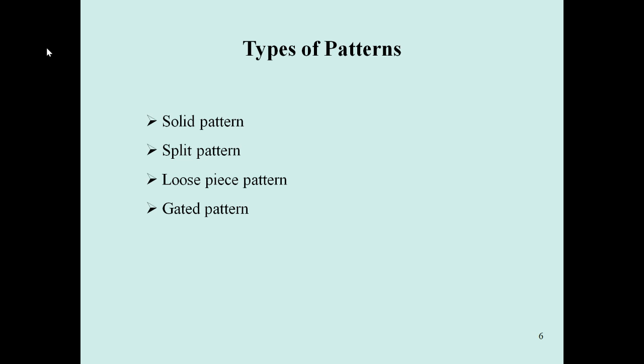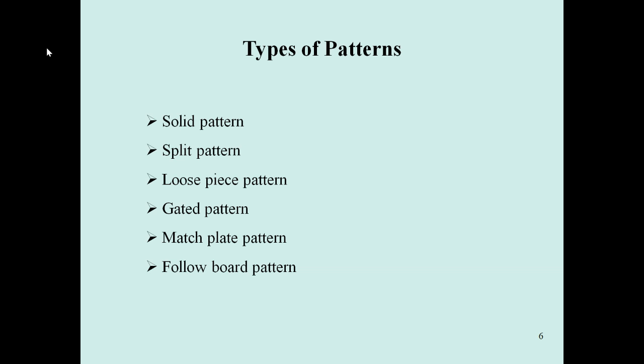Next, how many types of patterns are there? Now you can see. First is the solid pattern. Second, split pattern. Third, loose piece pattern. Fourth, gated pattern. Fifth, match plate pattern.